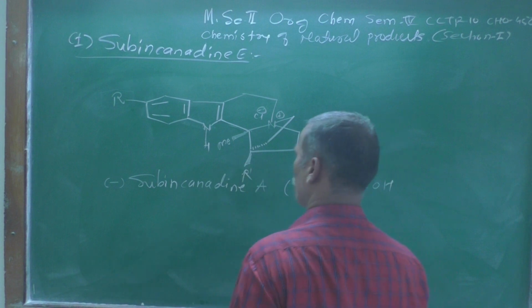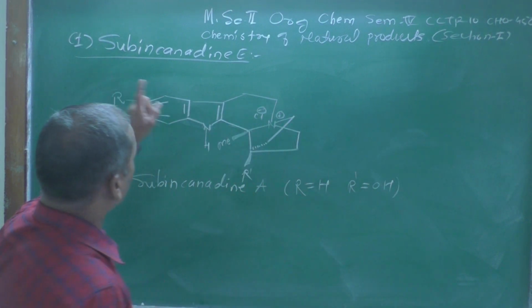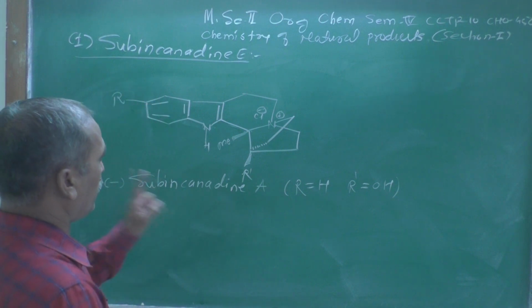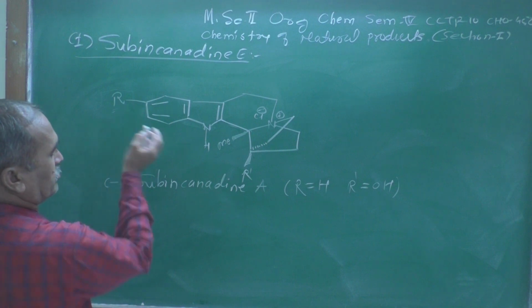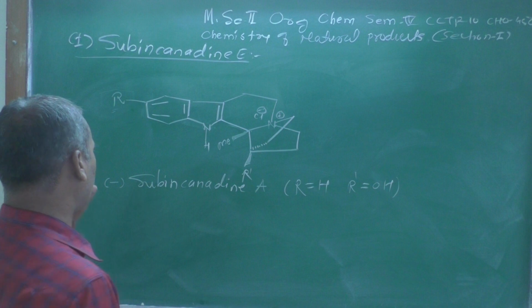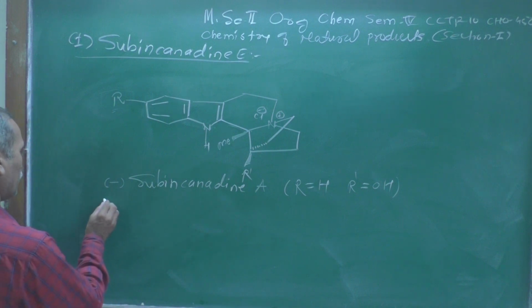Here if it is an OH, then that structure is Subincanadine A. This is the structure of Subincanadine A, where R is a hydrogen atom and R dash is nothing but a hydroxy group.